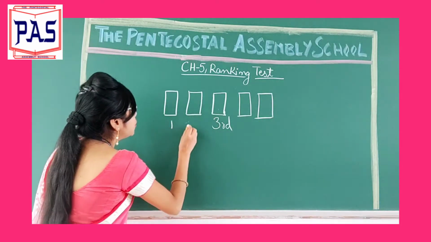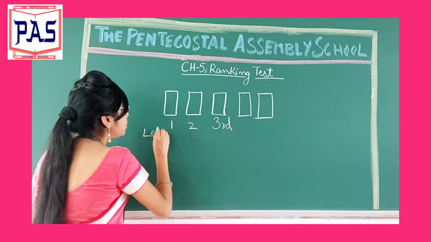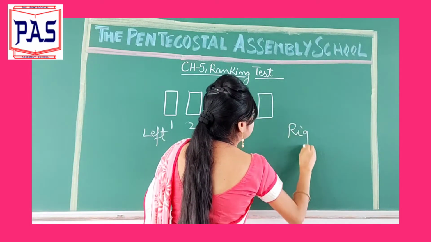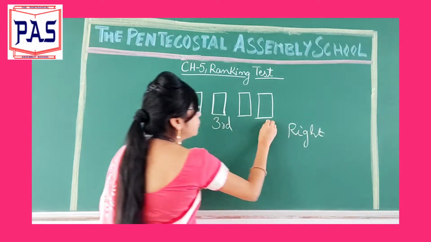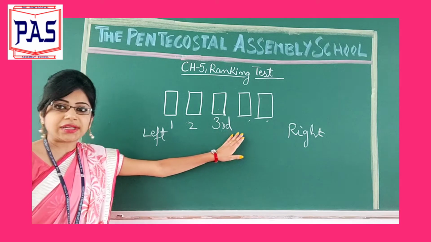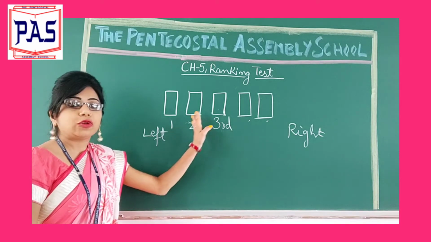So this is first, second and third from left. And if you count it from the right side, first, second and third. So the question is asking about the total number of photo frames.